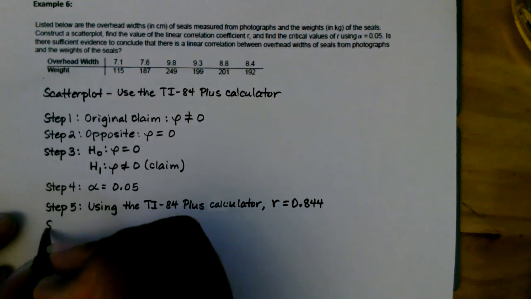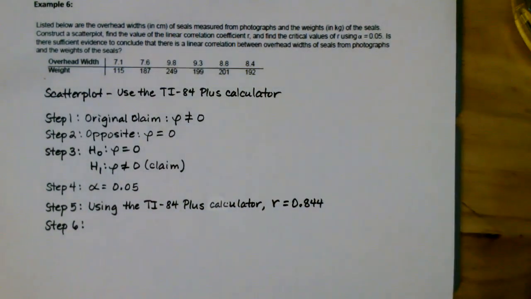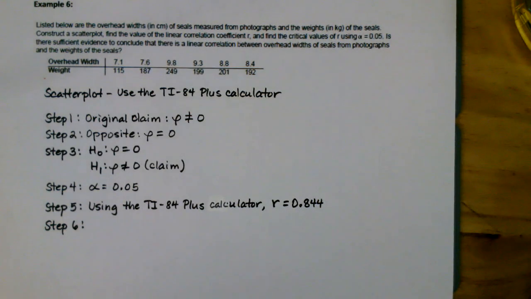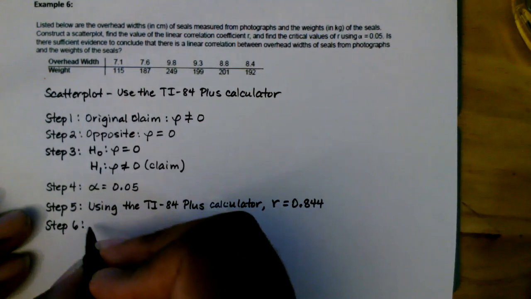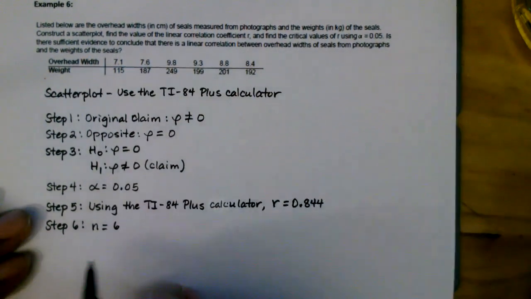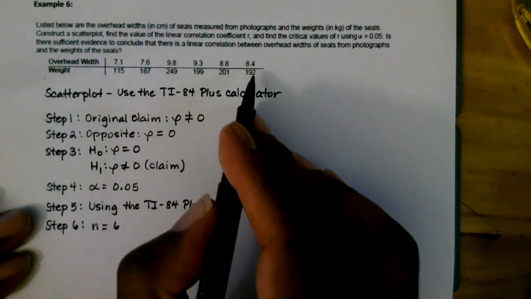So now step number 6. Now in the problem, it does say find the critical values of R. Here we go. I'm using table A-6, and N is 6, because there are 6 paired data values.